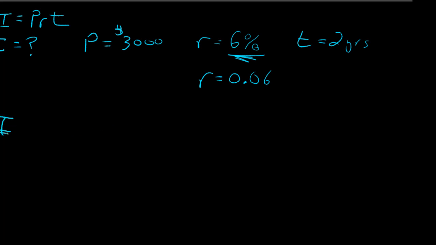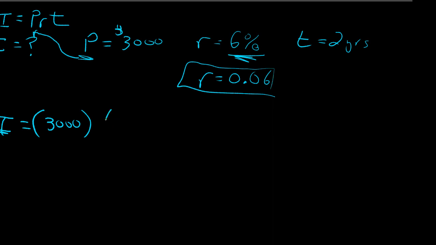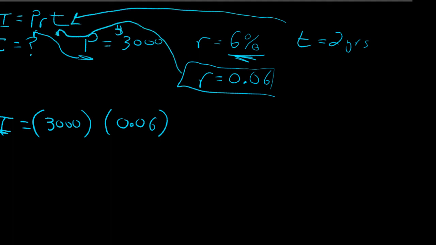So I can plop this into there. So I get 3,000. I can take my decimal representation, 0.06, and so let me make sure, pointing to where everything goes. They fill in for the variables.